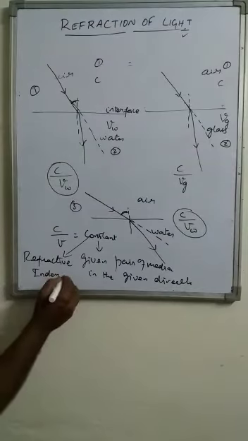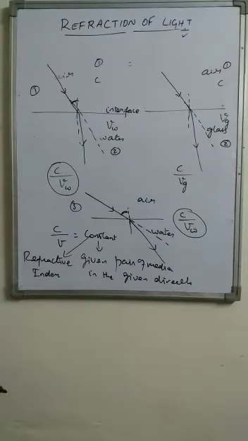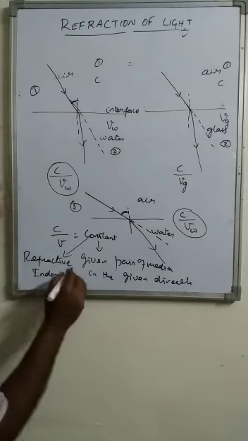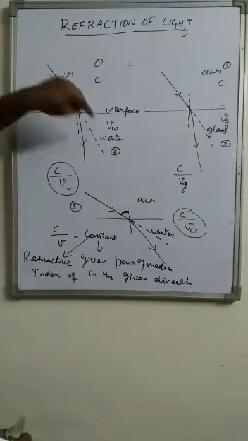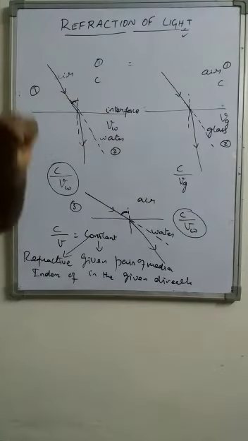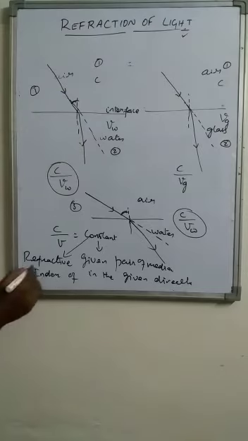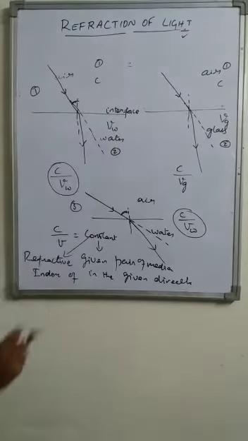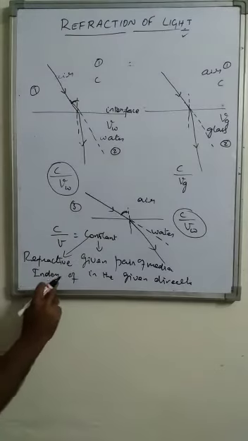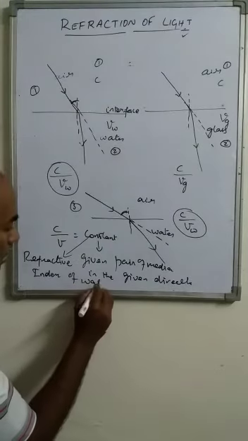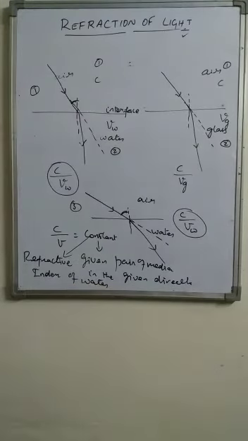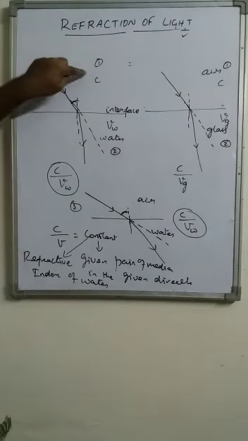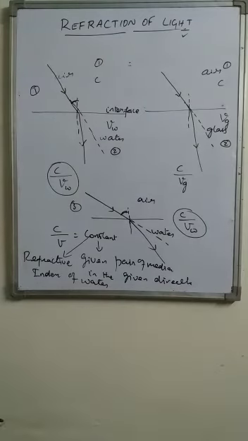So that is refractive index of what? Refractive index of the medium into which it enters. So we say here it is entering into water, so we say it is refractive index of water, because it is entering from air into water.